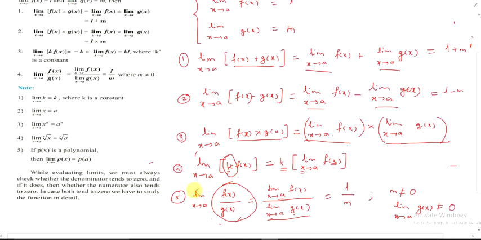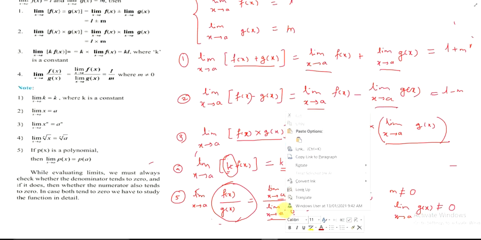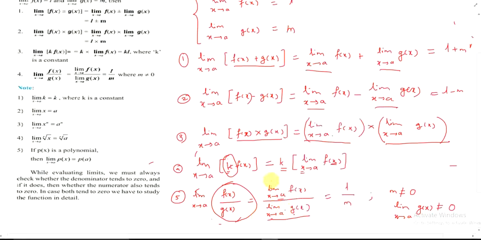Now the last form is the limit as x tends to a of f(x) upon g(x), which is equal to, again, we can take the limit of the numerator and the limit of the denominator separately, but we have to take into account that the limit of the denominator should not be equal to 0.